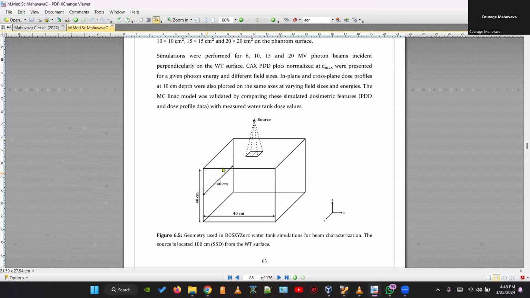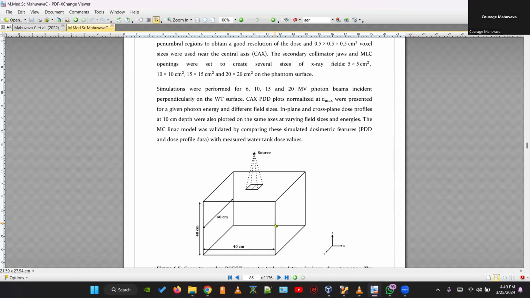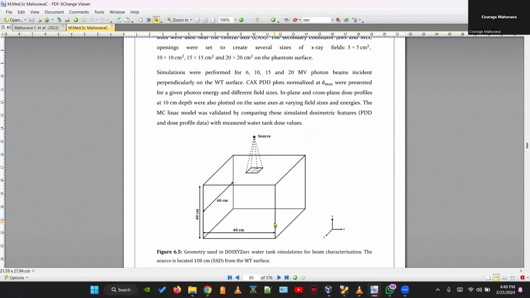All right. This phantom, you can create it within the DOSXYZ software itself. There is a window that you can use in the graphical user interface to define the voxel sizes and the number of voxels, and then you can sort of build this phantom. And after you execute or run your simulation, then what you get out of this is a 3D dose file.